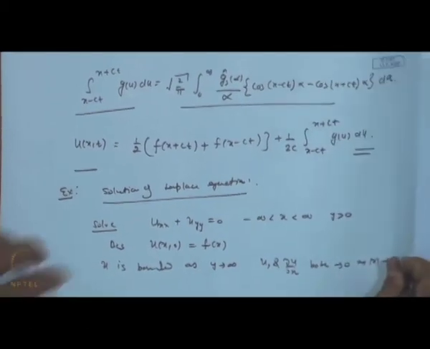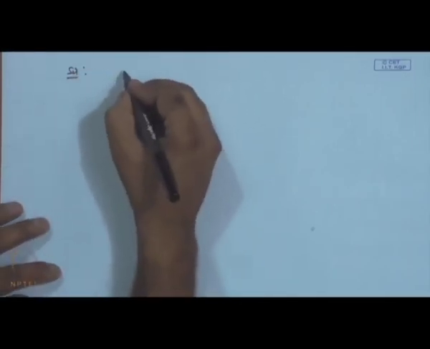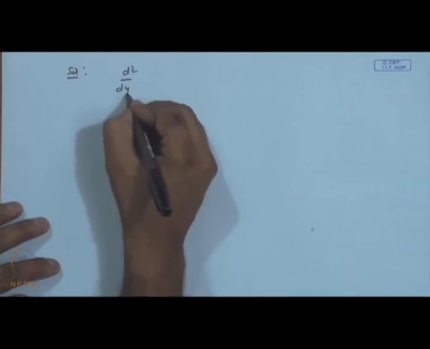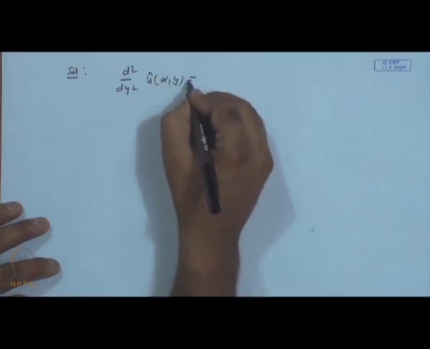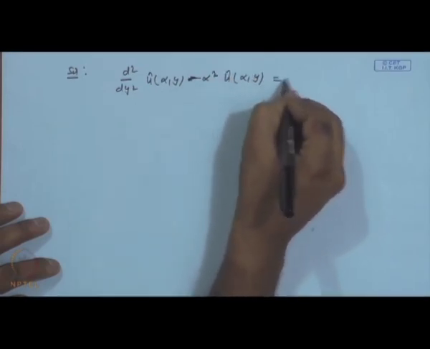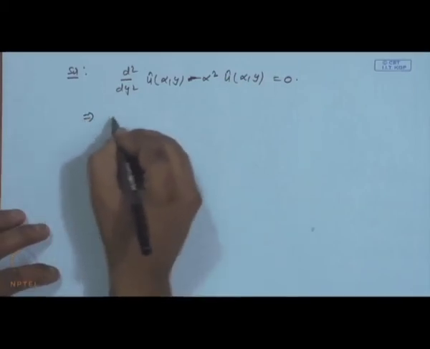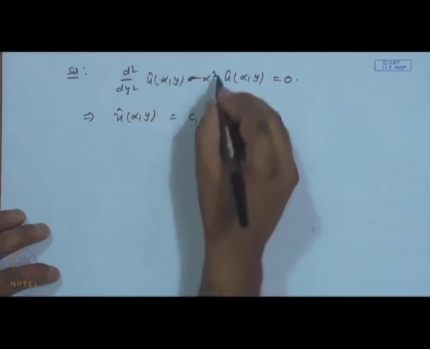So, we take the Fourier transform on both sides, and we get this transformed ordinary differential equation. I will directly write it after taking the Fourier transform: d²/dy² û(α, y) − α² û(α, y) = 0, and its solution is û(α, y) = C1 e^(αy) + C2 e^(−αy).